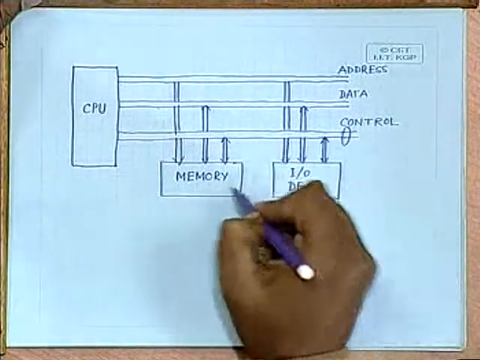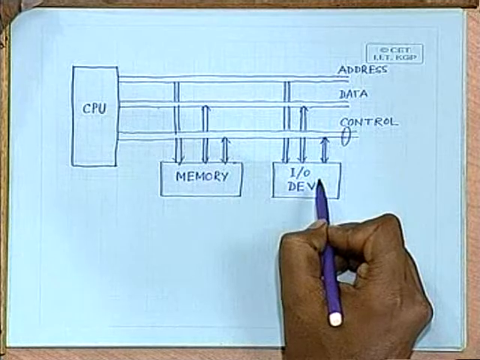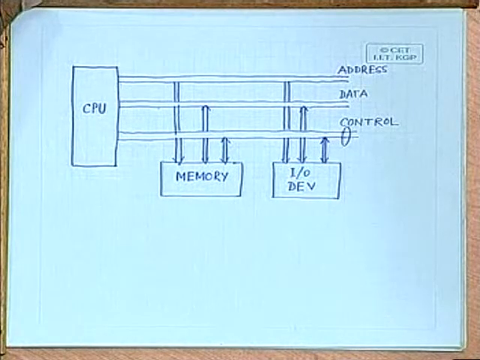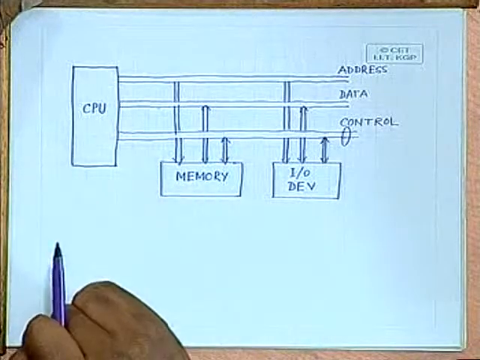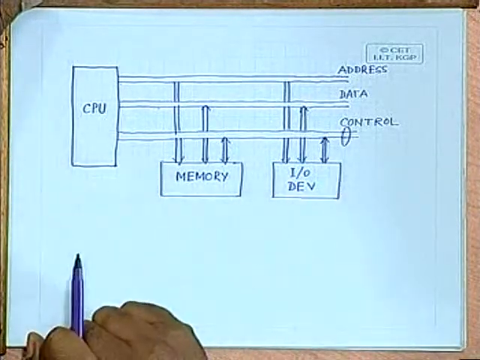But here let us see the two basic operations with the memory or with the I/O devices which are performed by the CPU. One is the read operation, that is, read data from memory or read data from one of the input devices. The other basic operation is writing the data to one of the memory locations or writing the data to one of the I/O devices.